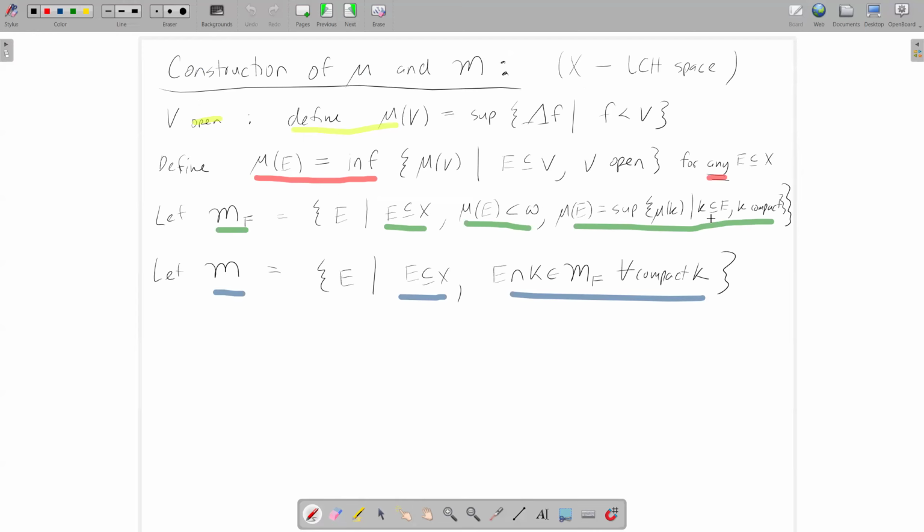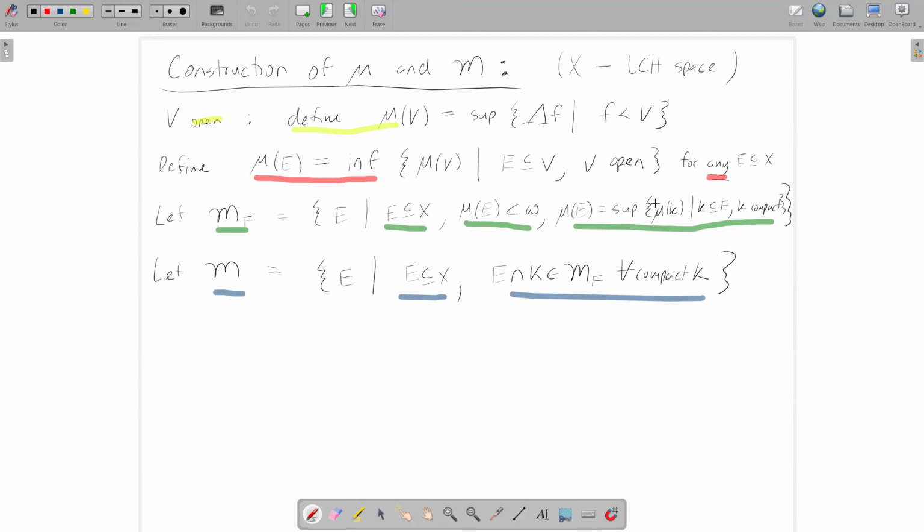If you think about a K that's contained in E, by the monotonicity, the measure of K would have to be zero as well, right? So as long as there exists a compact set that's contained in E, there's no problem there. Okay.